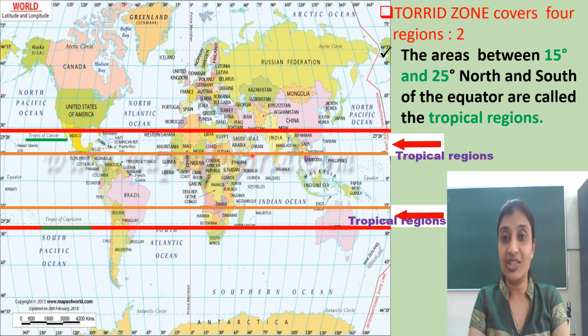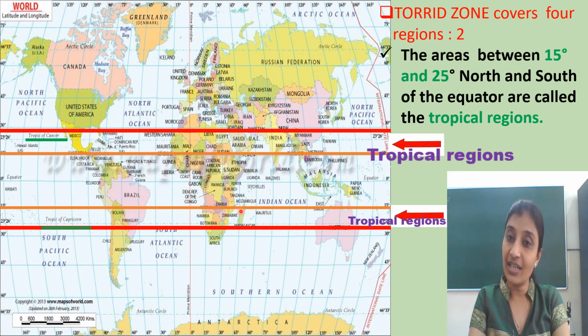The second region, the areas which lie between 15 degrees north to 25 degrees north and 15 degrees south to 25 degrees south, are called tropical regions.